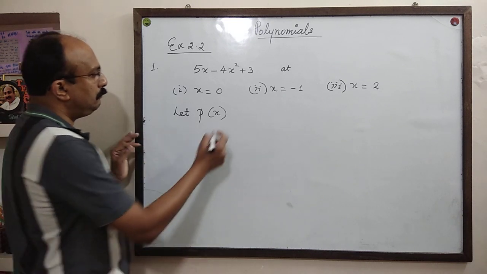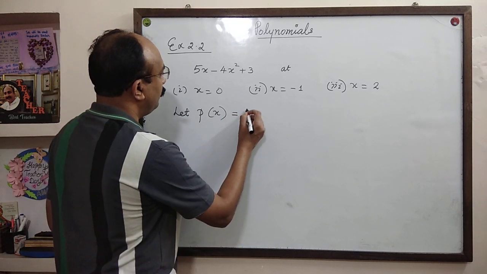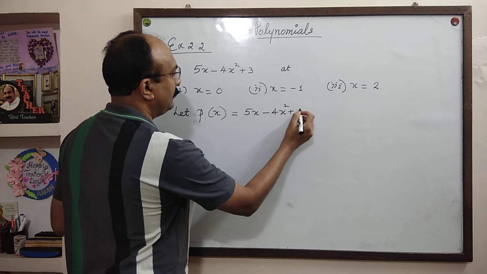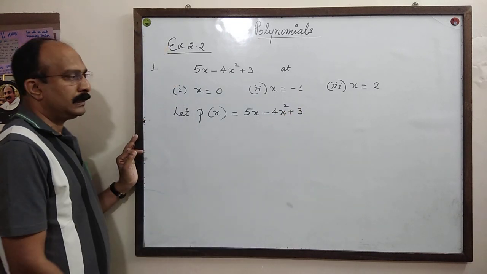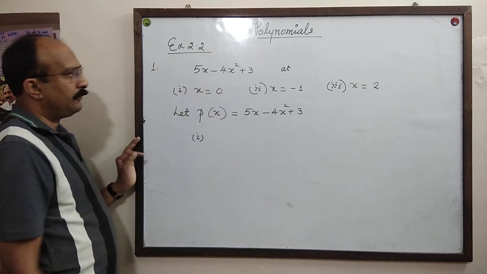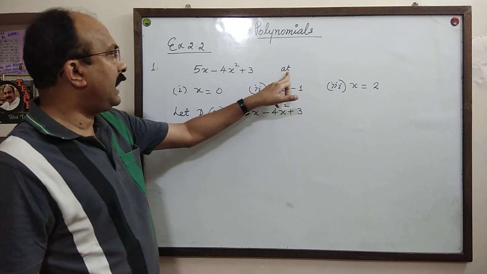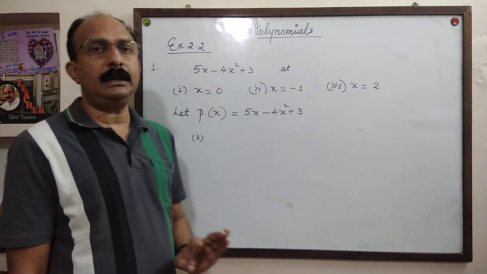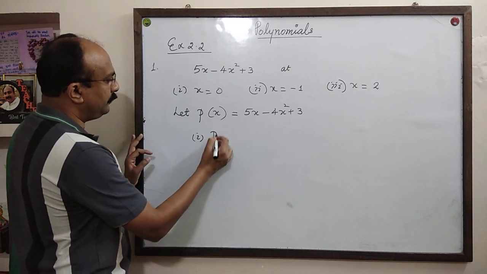So let p of x is equal to 5x minus 4x square plus 3. Now we are going to do the first question. Finding the value of this polynomial at x is equal to 0. It can be mathematically denoted as p of 0.